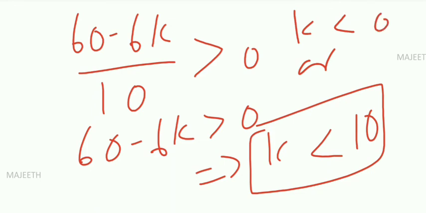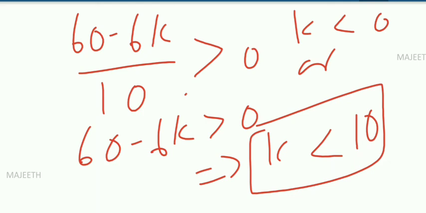Clear or not? So why is it that k must be less than 0? If you put minus 1, it will become plus 6. If you put minus 2, for every negative number the result will be positive. So k must be less than 0, and k must be greater than 0 and it must be less than 10.